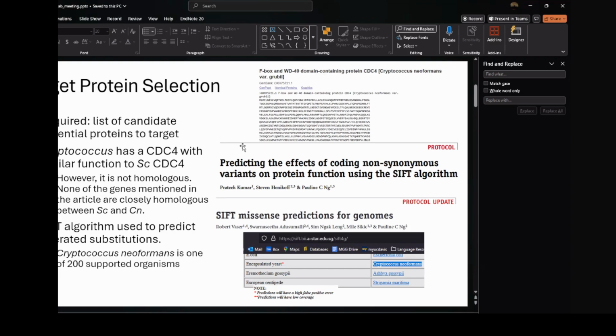Fortunately, the CDC4 gene in Cryptococcus is supported by the kind of algorithm they talked about for identifying which sites you can mutate and tolerate, so where you could switch in the stop codon. By the SIFT algorithm, Cryptococcus is one of the 200 organisms supported. So that was kind of nice.